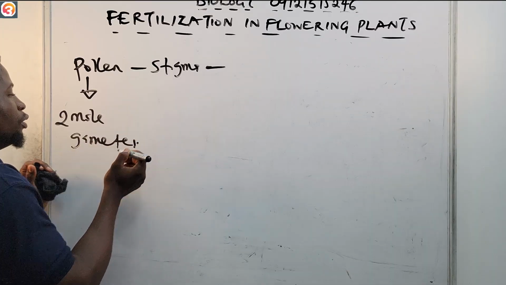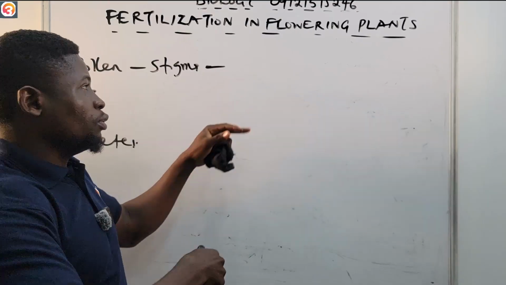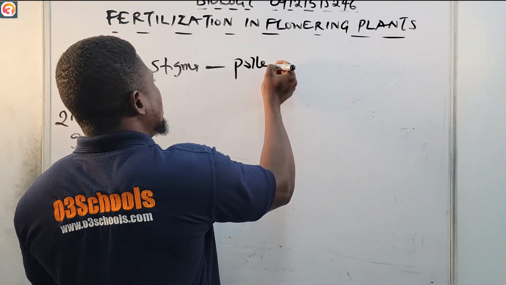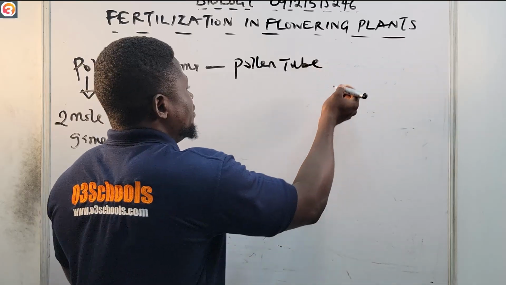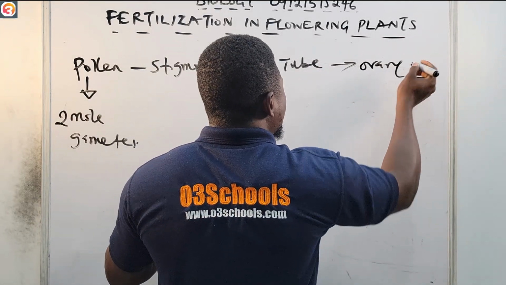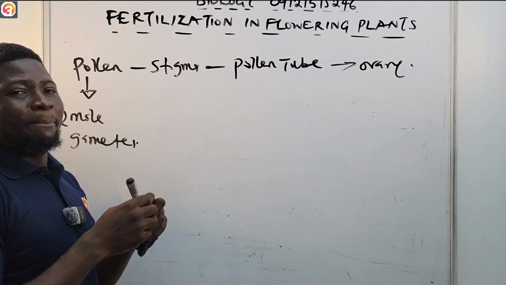The pollen is carrying 2 male gametes. It will grow downwards to form the pollen tube, and then eventually it will get into the ovary through a tiny opening called the micropyle.